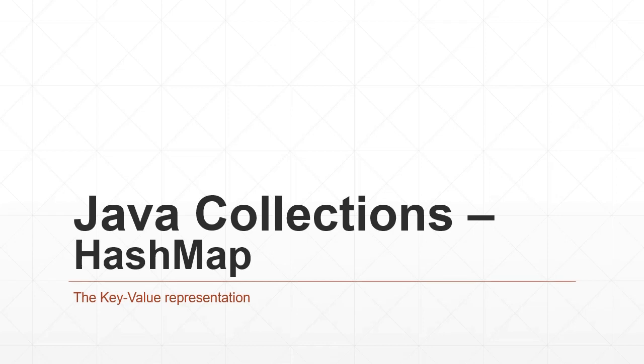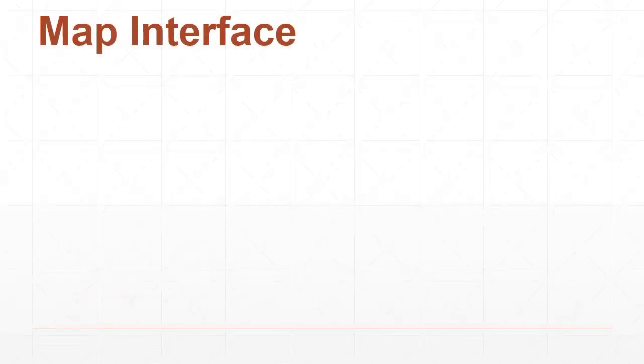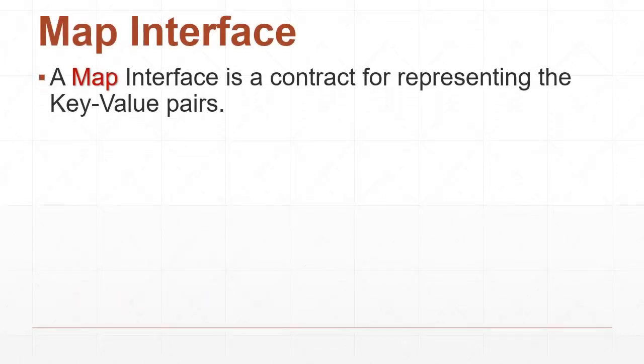Hello friends, in this video we are going to look at HashMap. So HashMap is actually not a collection, it's a different one in Java. A map interface is a contract for representing key value pairs.